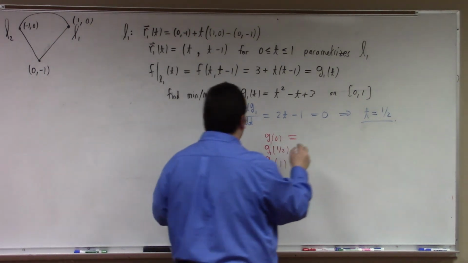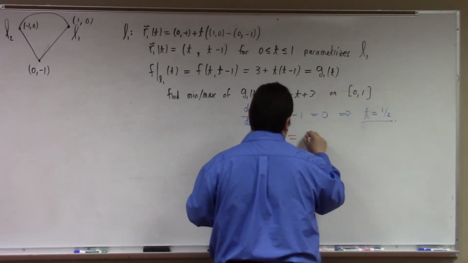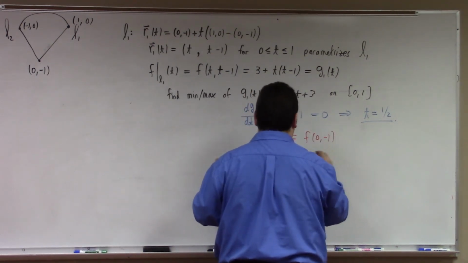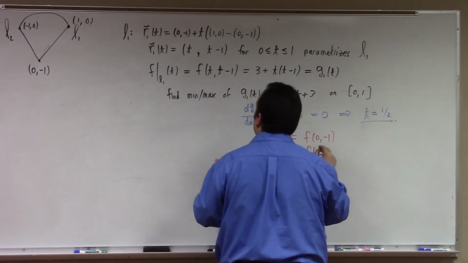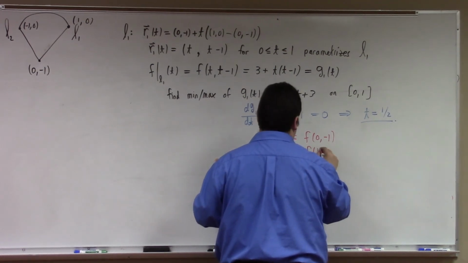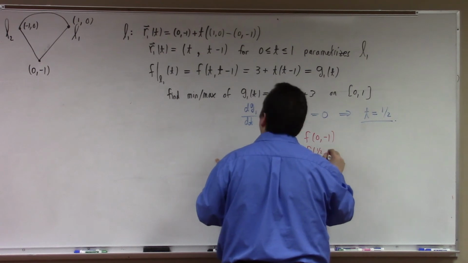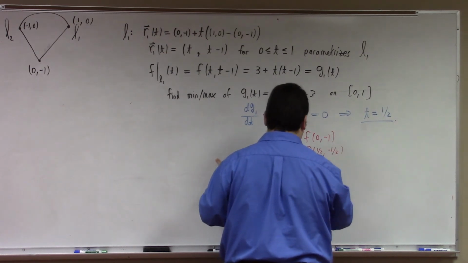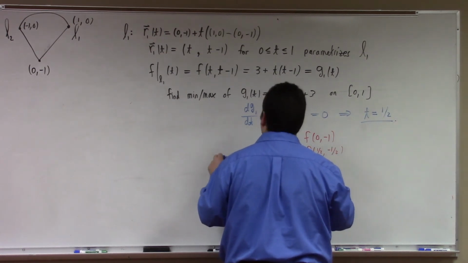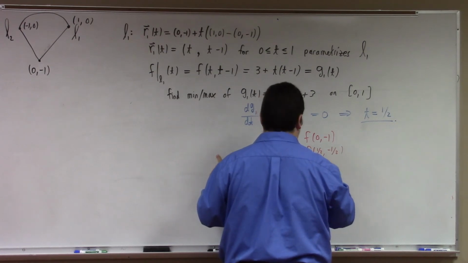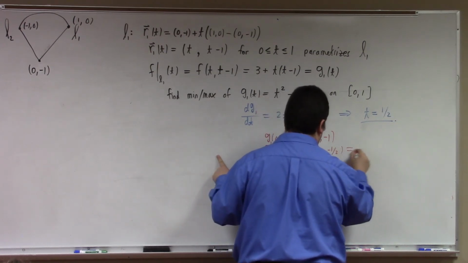I'll reinterpret it. That's really just f of 0, minus 1. This is f of, looks like 1 half, minus 1 half, I think. And finally f of 1, 0, I believe. What are those equal to?